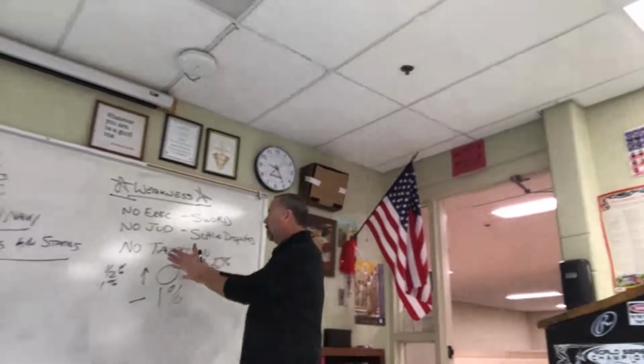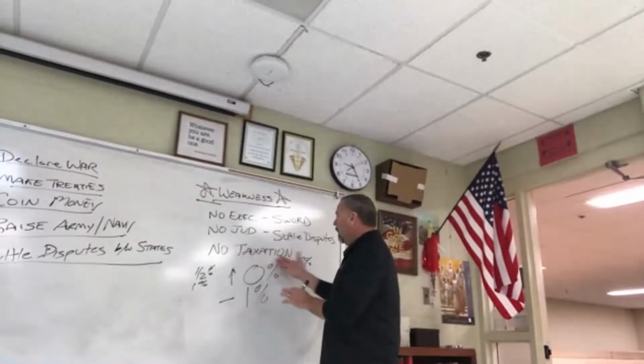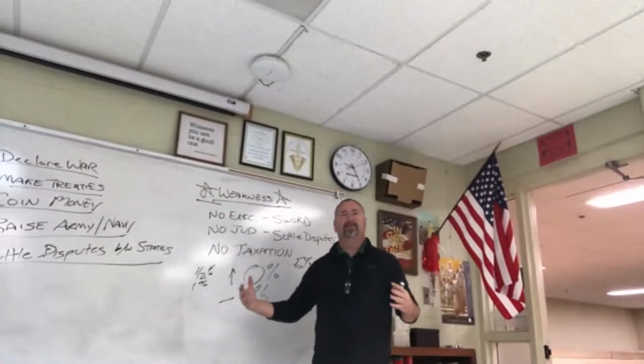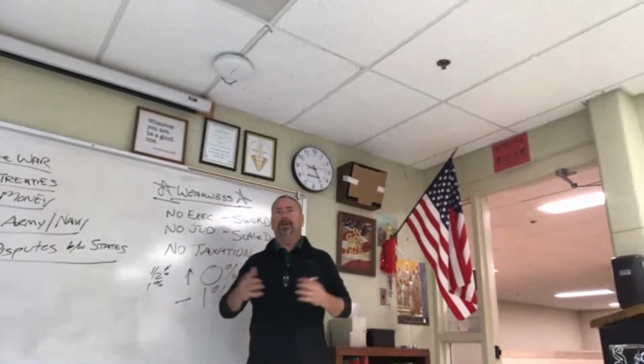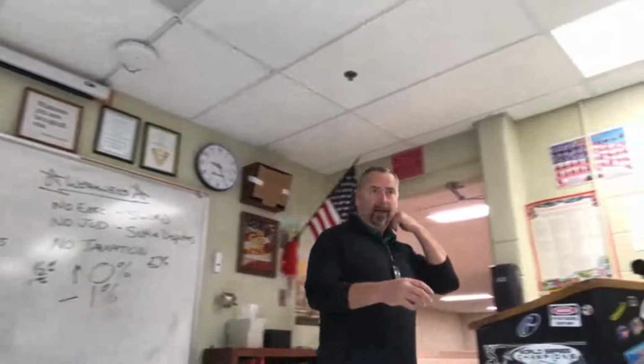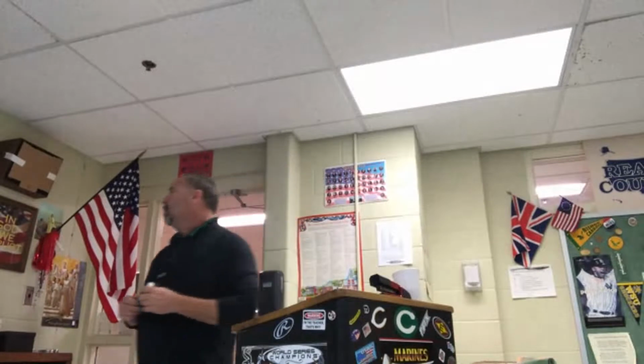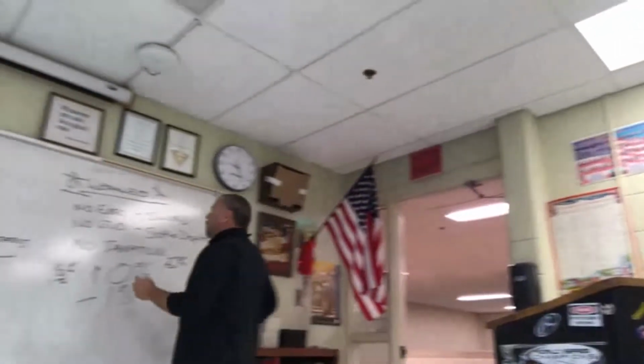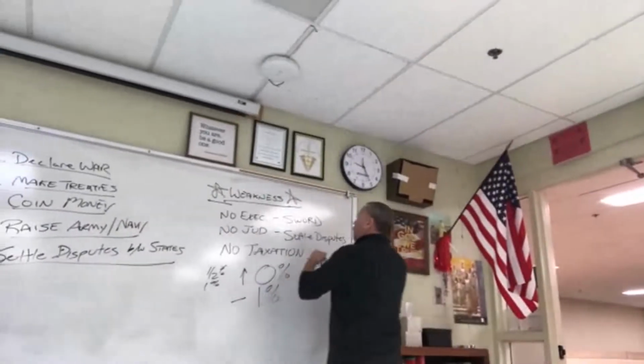Okay, but this is a problem. The national government cannot tax the states. So what can they actually do? This government is so weak, and the disputes between the states are so much. So when you write about this, you need to talk about enforcement, right?